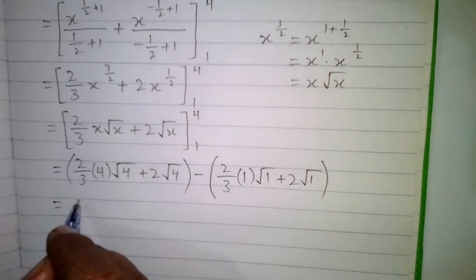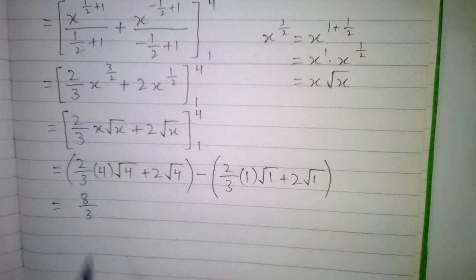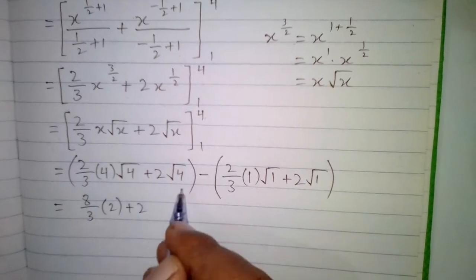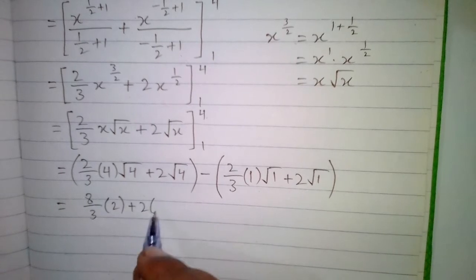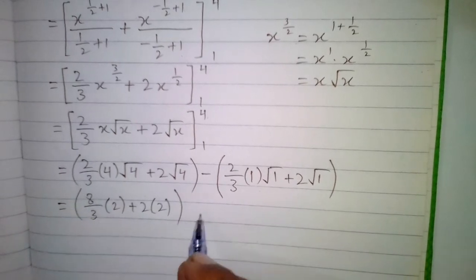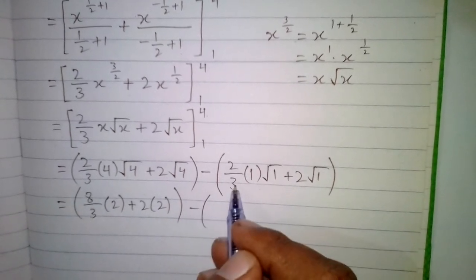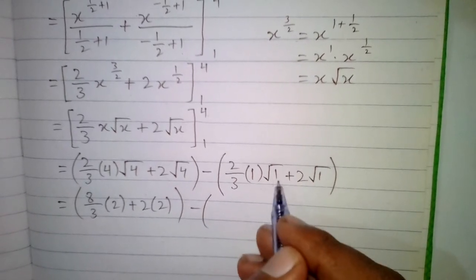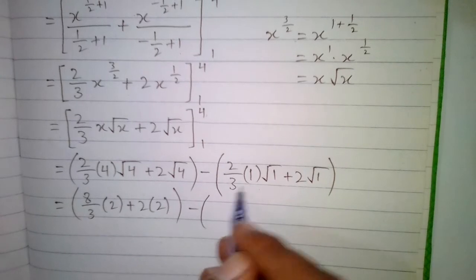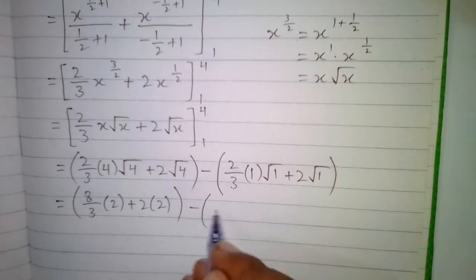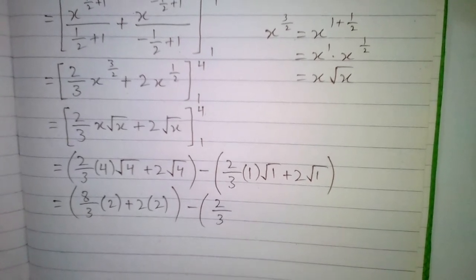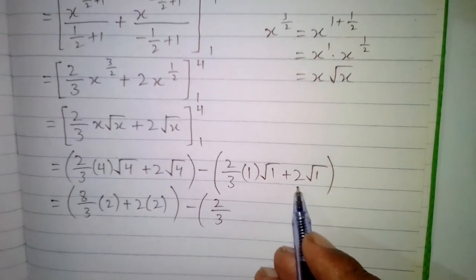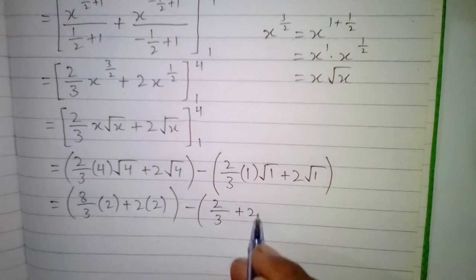Now 2 times 4 is 8, so we have 8 upon 3, and the square root of 4 is 2, plus 2 times the square root of 4, which is 2, then minus sign, and 1 times square root of 1 is 1, so 1 times 1 is 1, and 1 times 2 is 2, so we have 2 upon 3, then square root of 1 is 1, and 1 times 2 is 2, so we have plus 2.